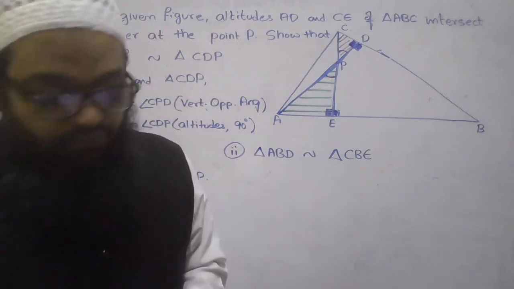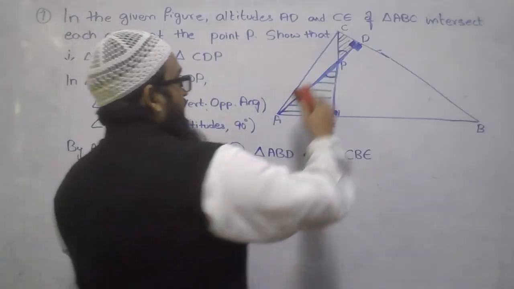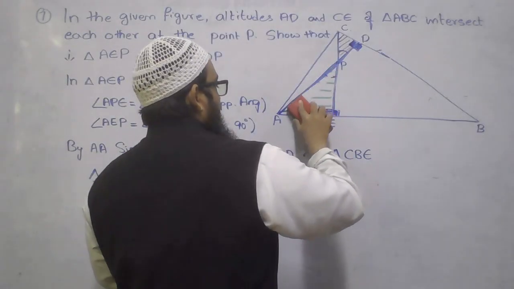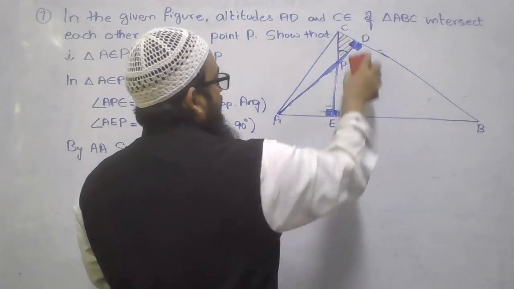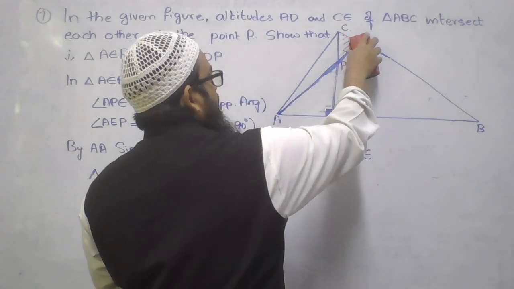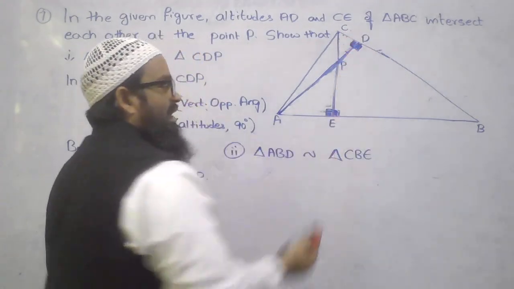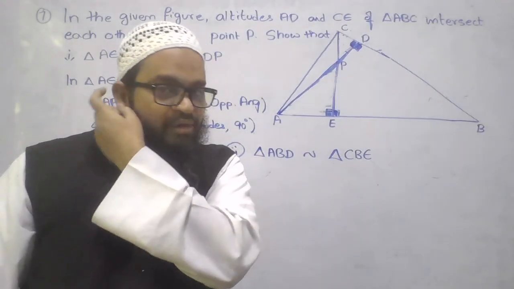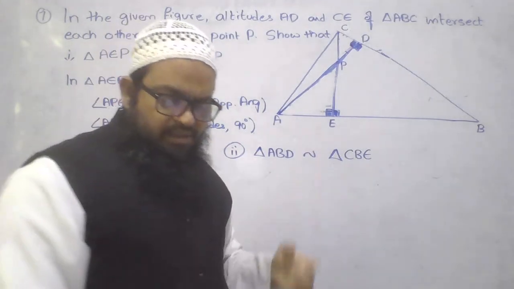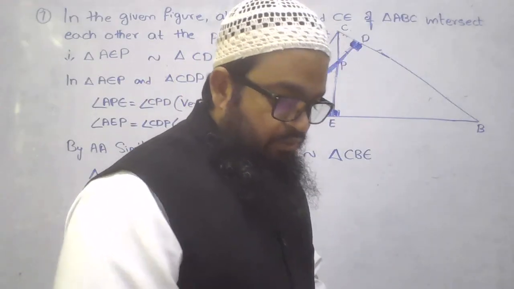Now check where these triangles are. In the examination you cannot rub out whatever you have written, so draw another figure. You may think that you will waste 30 seconds, but it is very simple and you will get the correct answer.